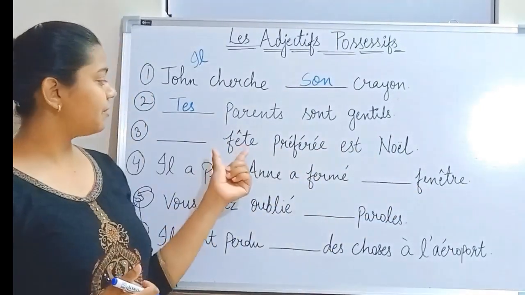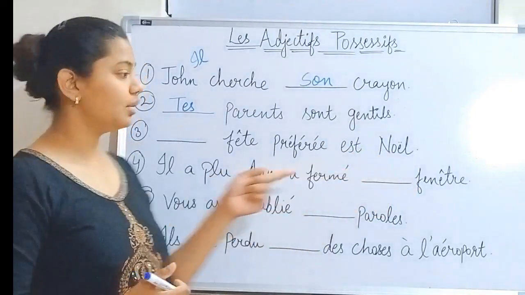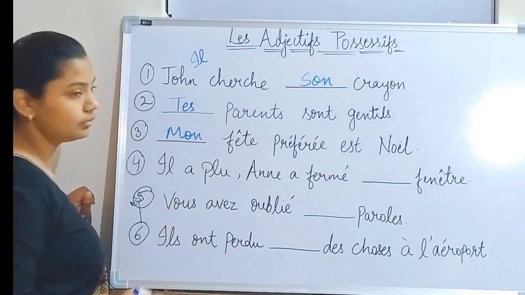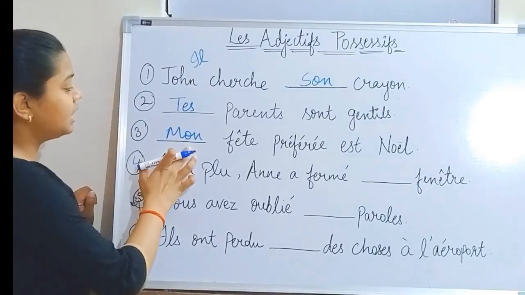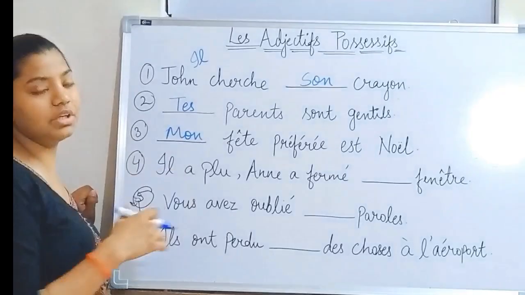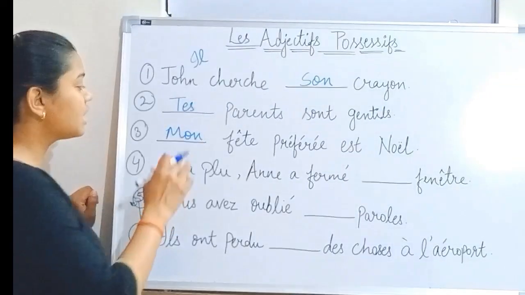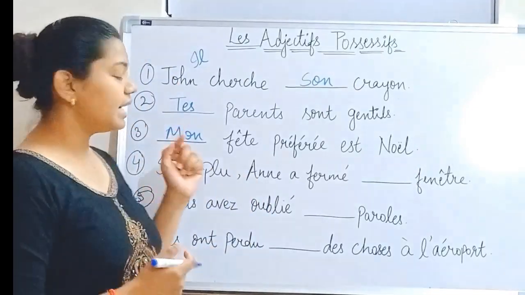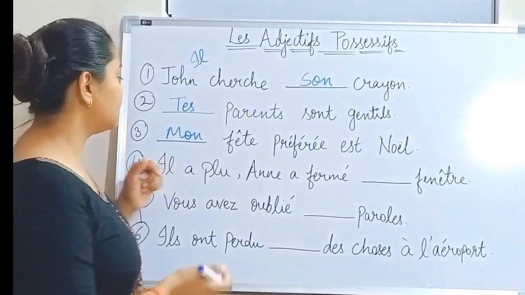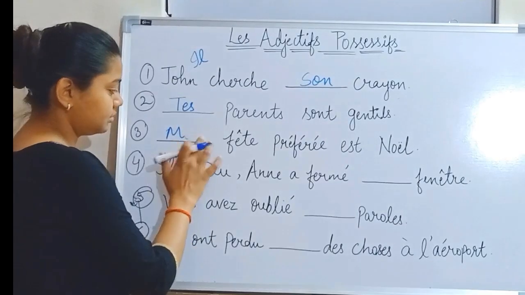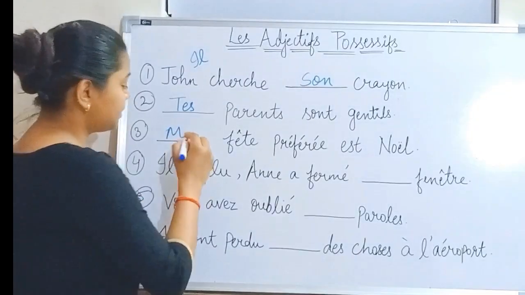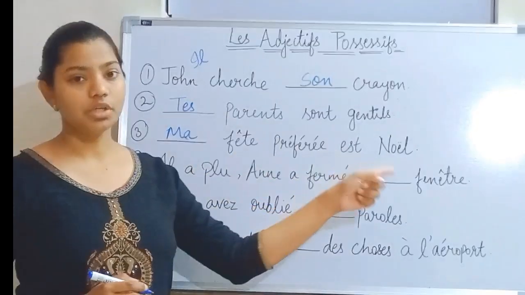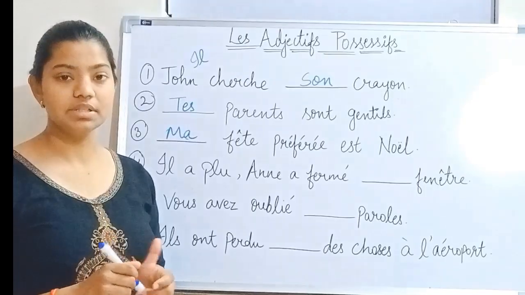So for my we use mon or we can use ma, both, because if you are masculine you will use mon, and if you are feminine you will use ma. So here I am feminine, so that's why I use ma. Okay, ma fête préférée est Noël. My favorite festival is Christmas.